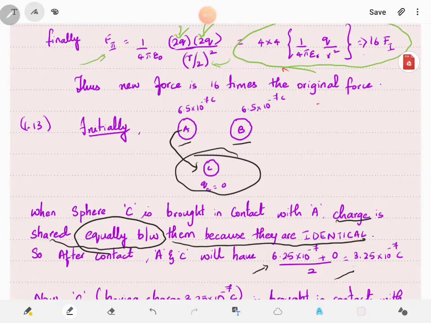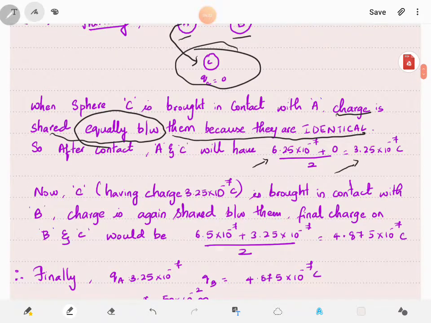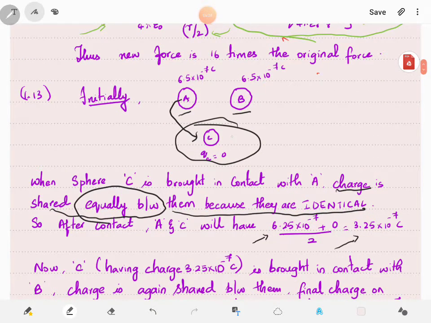Once you plug in all the values, we see that we get 3.25 into 10 power minus 7 Coulomb on sphere A as well as on sphere C. So finally, we have a situation once you make the contact with C. A is going to have a charge of 3.25 into 10 power minus 7 Coulomb, and C is also going to have a charge of 3.25 into 10 power minus 7 Coulomb.